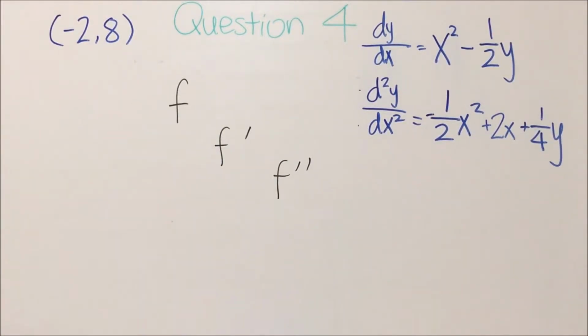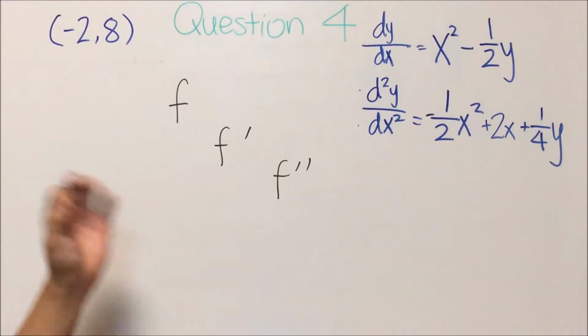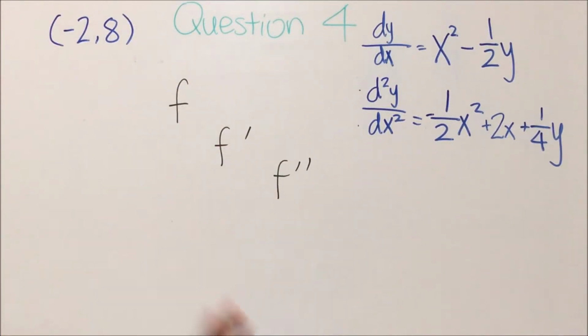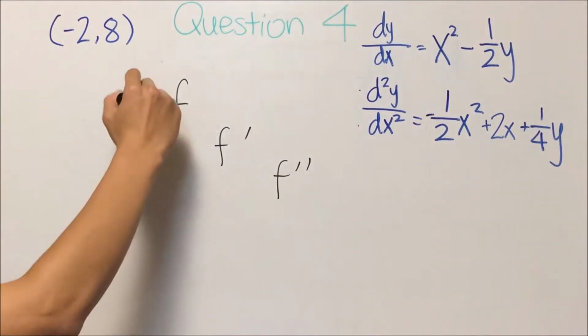When f is 0, it is the root of f, where the function itself crosses the x-axis. I'll go a little faster. When f is positive, the function is above the x-axis. That's obvious, right? And vice versa, if f is negative, the function is below the x-axis. So we're done with that.